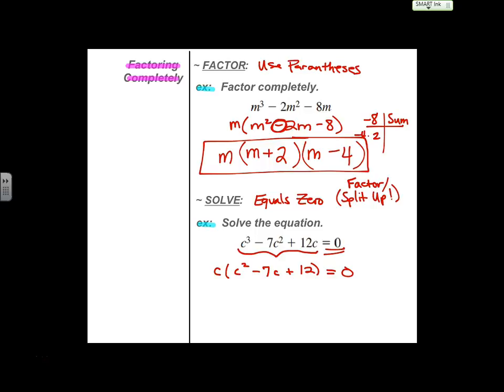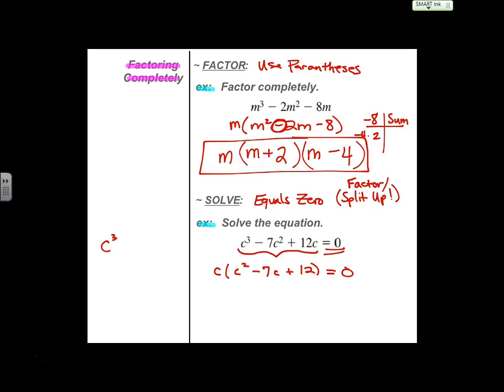So why do you take C? Because he's in common. Factor out the GCF. Well, we can only take what's shared.